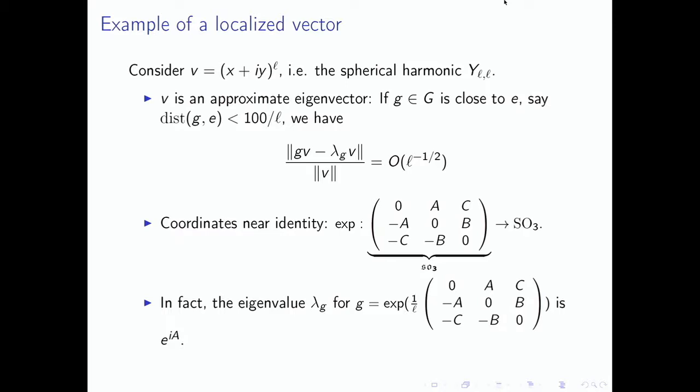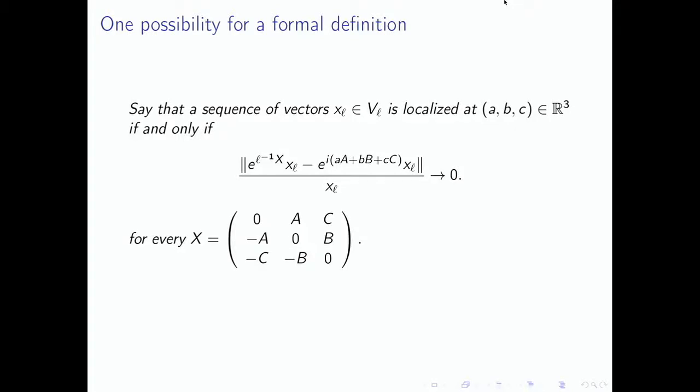All right, so at this point, let me make a definition of some reasonable notion of a localized vector. Let me just talk you through this. To make the definition cleaner, you could work in a single representation, and then you would need to keep track of error terms.